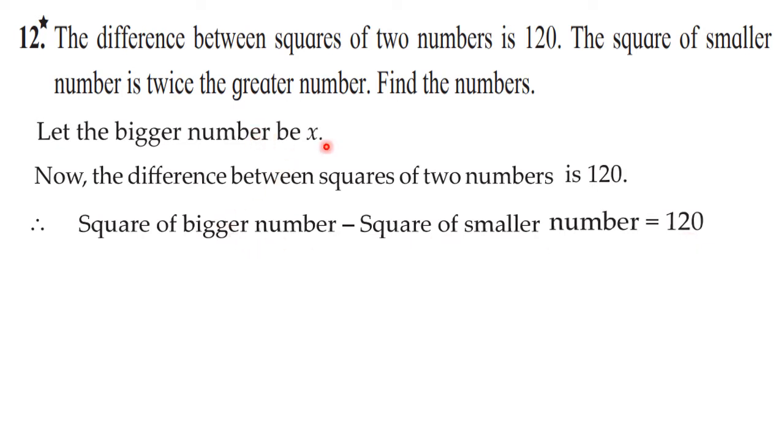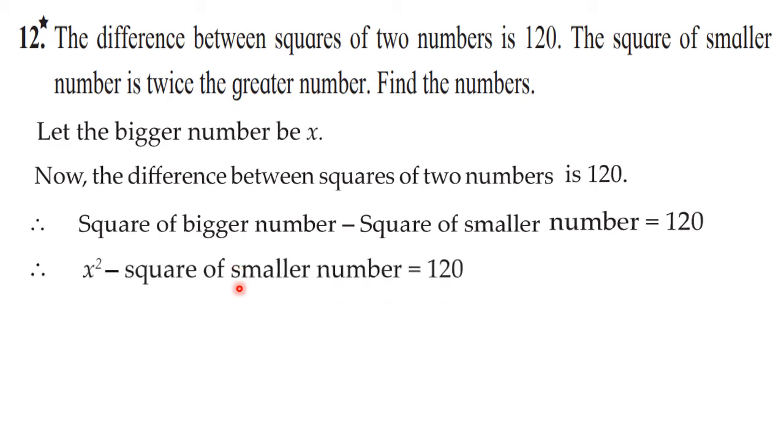So here the square of bigger number we can write as x square, and from that we can find out the square of smaller number. So see, square of bigger number means x square, minus the square of smaller number as it is, and then it is equal to 120.